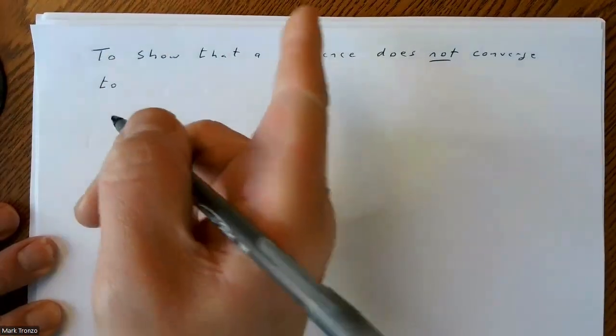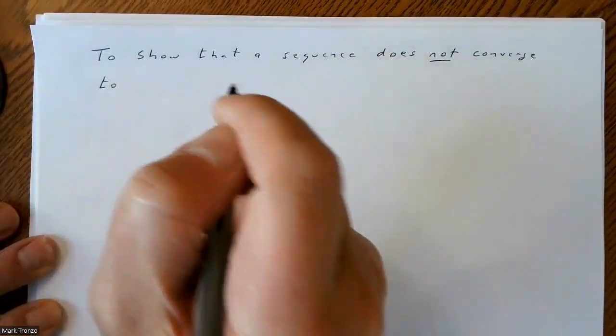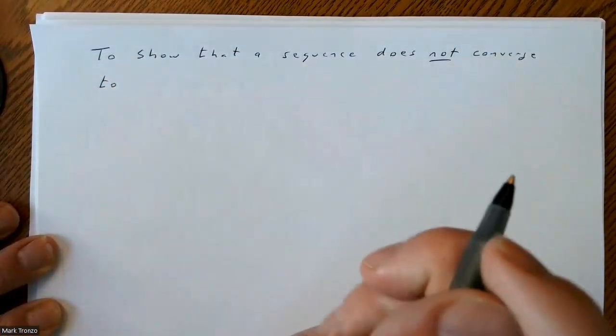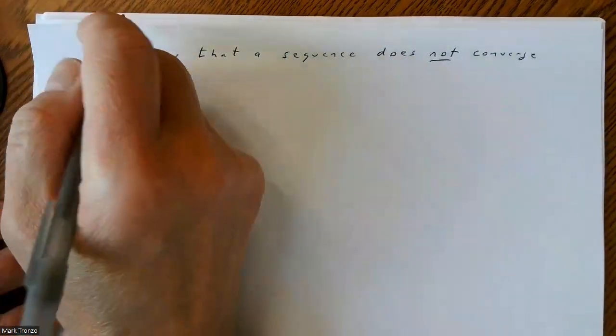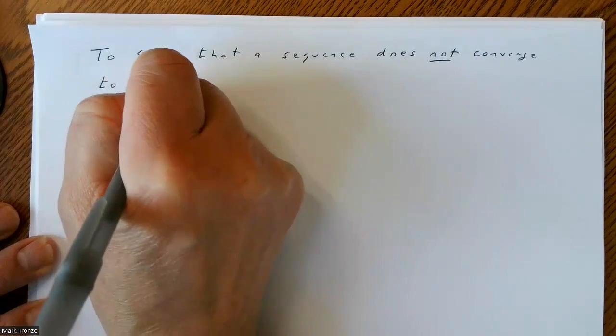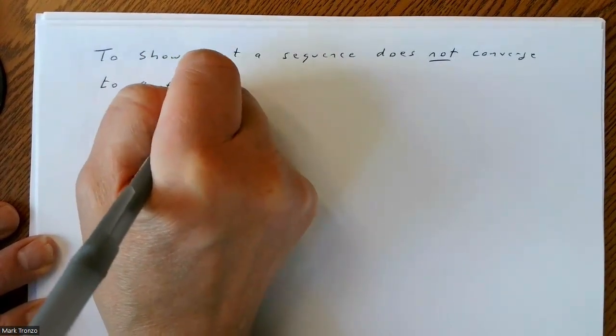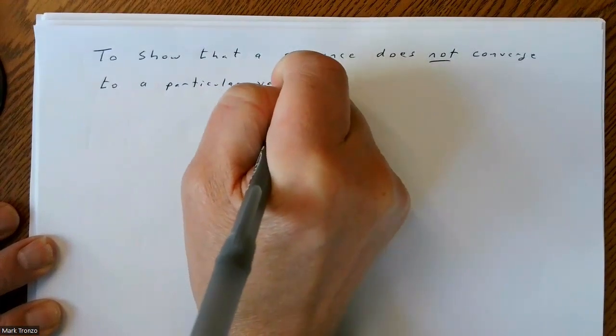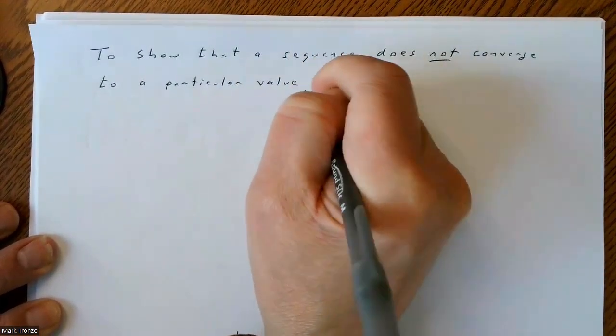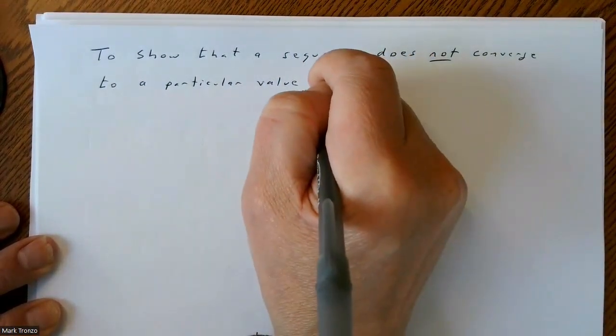There are other ways that we can do this in general later, but first we'll look at how to show the sequence does not converge to a particular value, say X or L, whatever.